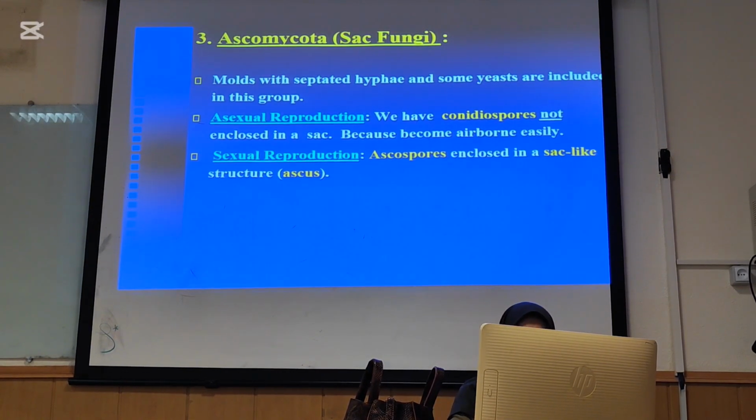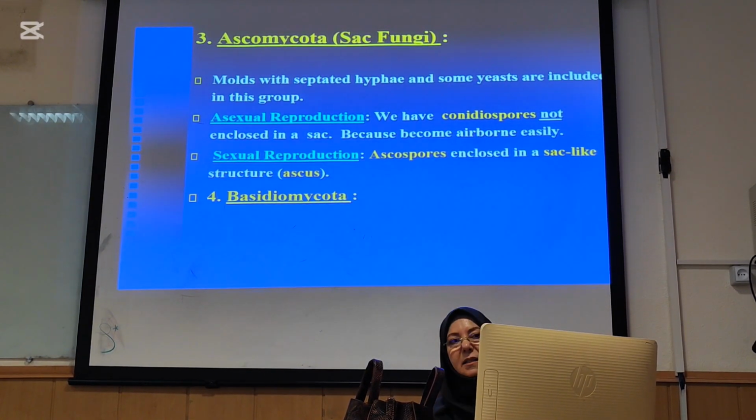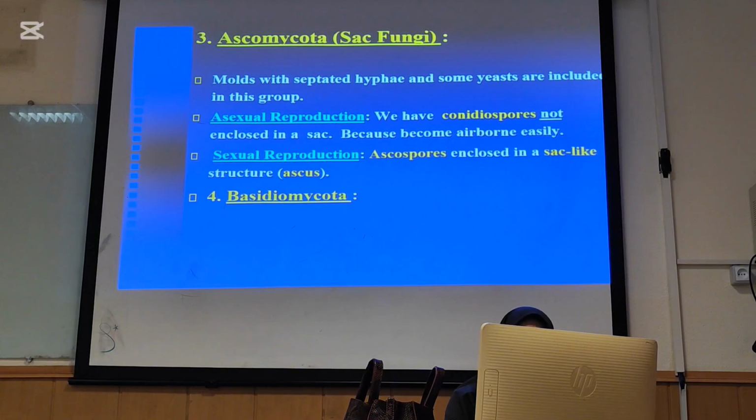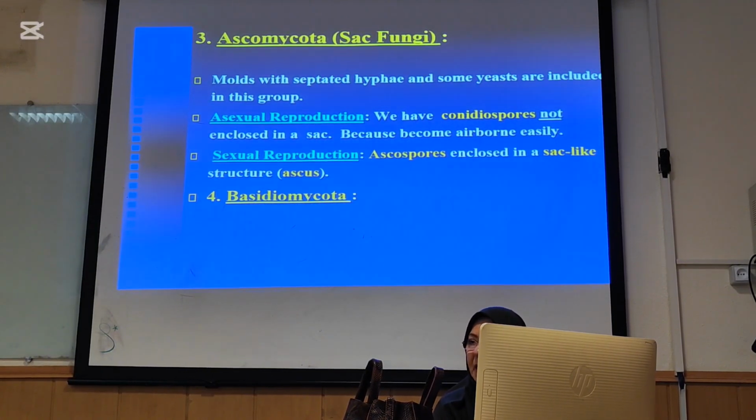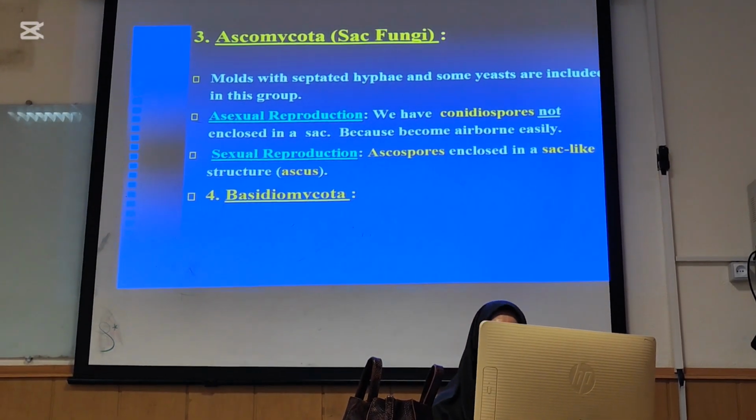And the last group of this classification is Basidiomycota. In Basidiomycota, the sexual spore is named basidiospore, like ascospore, like zygospore. Basidiomycota can make basidiospore as sexual spore.